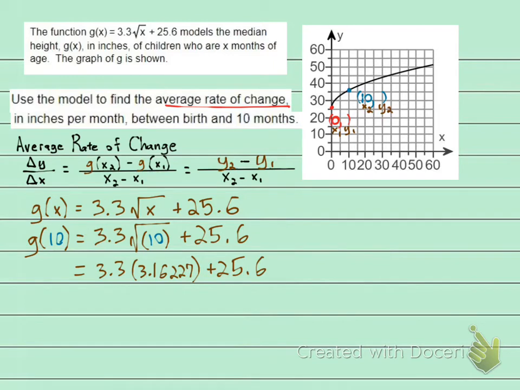So 3.16227 times 3.3 is 10.4355 approximately, plus 25.6.